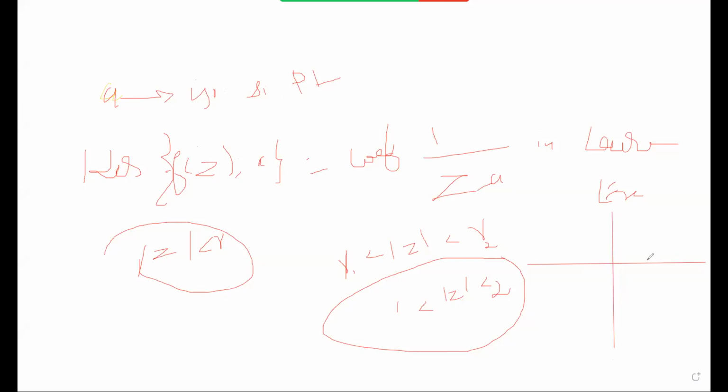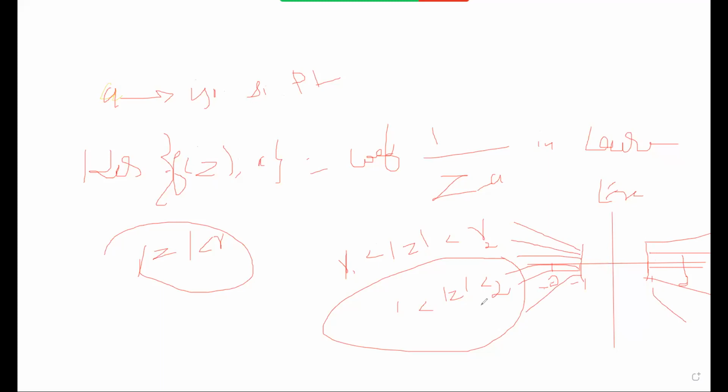This is 1, this is minus 1, this is 2 and this is minus 2. Mod z greater than 1 means it contains all points outside the circle mod z equal to 1. So this is the region mod z greater than 1.